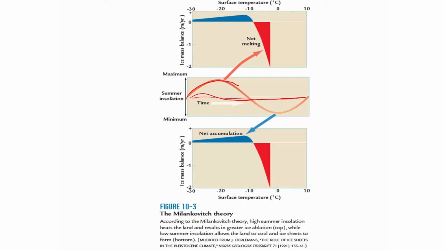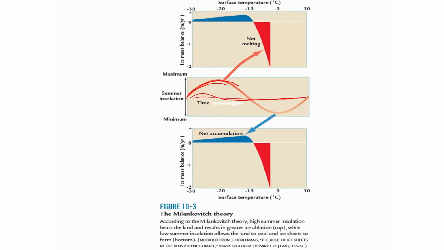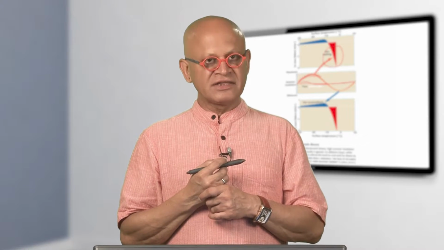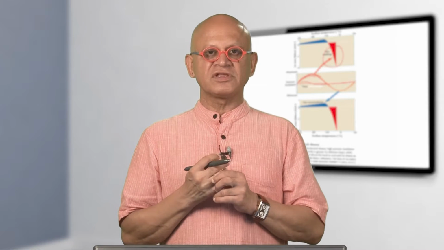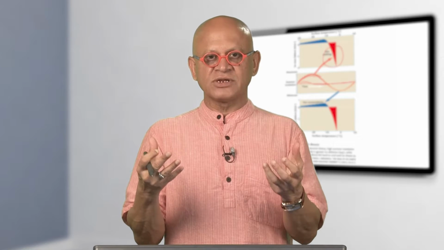So, let us say we are looking at anomalies with respect to the current levels of radiation. If the orbital change is such that there is more radiation than at present, that is going to drive net melting, and once melting starts, what happens? The albedo is reduced. So, more energy is absorbed, more glacier melts, and more energy is absorbed, and so on.